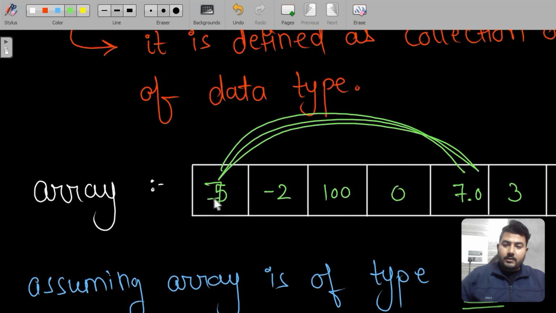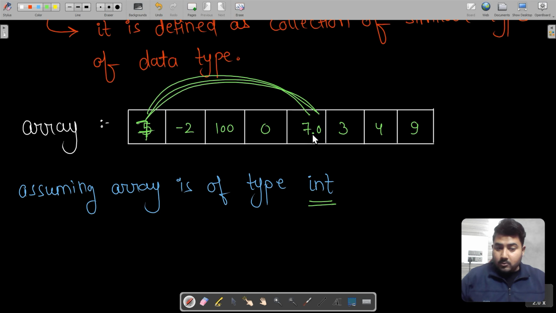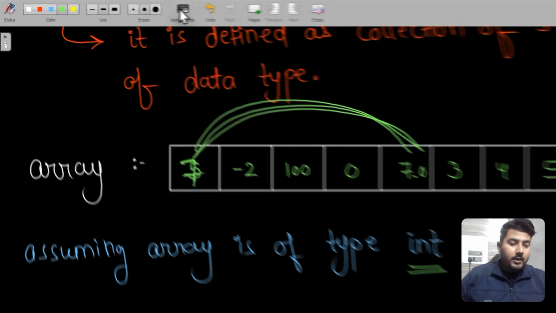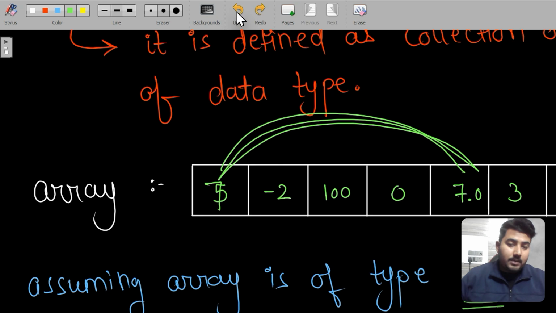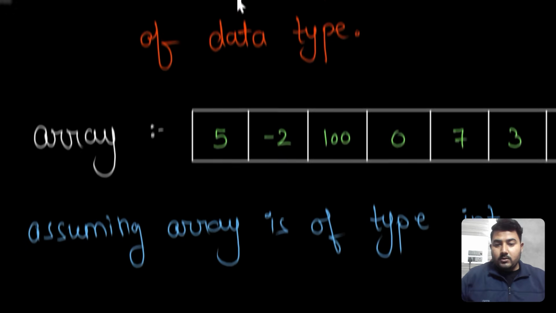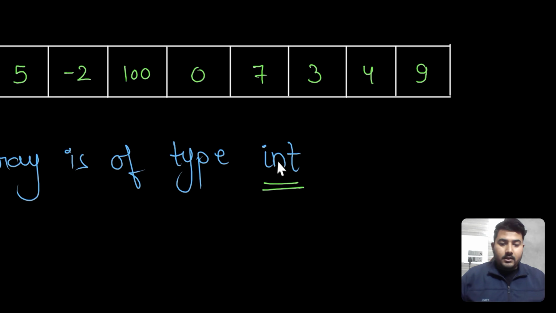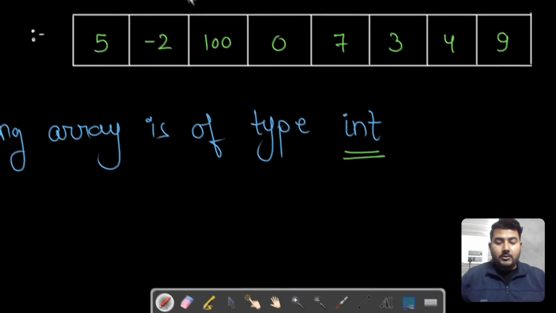If I have 7 here and 7.0 here, both might look similar, but that is also not allowed. Decimal numbers will also not be allowed because those are not integer type. Those are either float or decimal. So only whole numbers can be here if your data type is int.